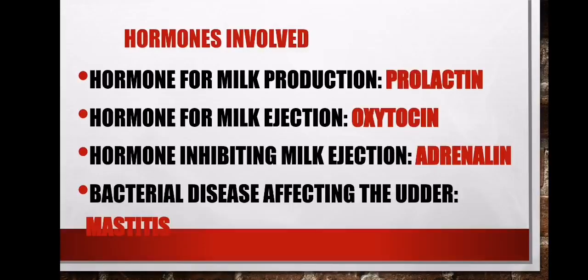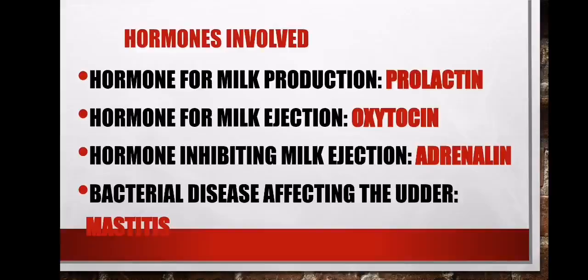It affects the udder. One of the symptoms, or two or three of the symptoms: the udder will be swollen and become hard. The milk that is released contains blood stains, and the production of milk also decreases. So those are the symptoms.